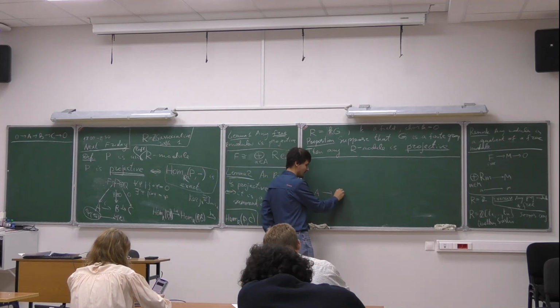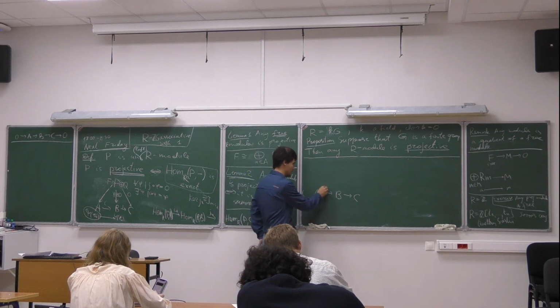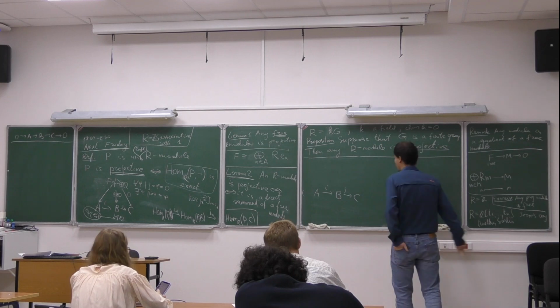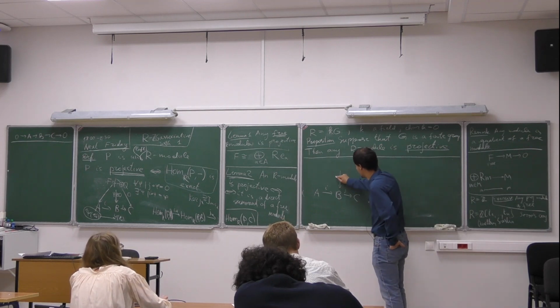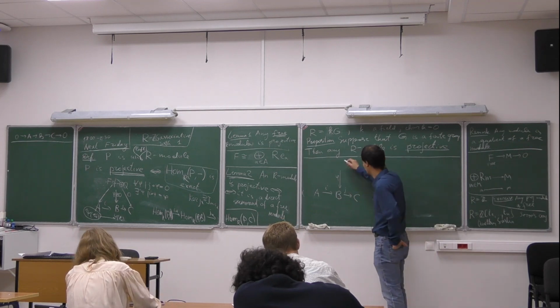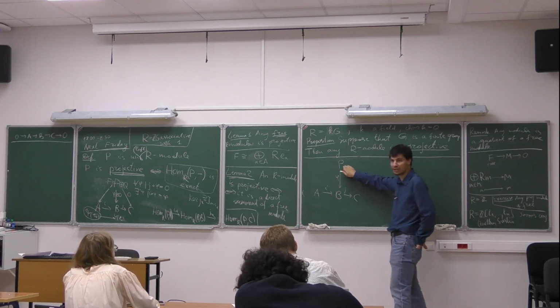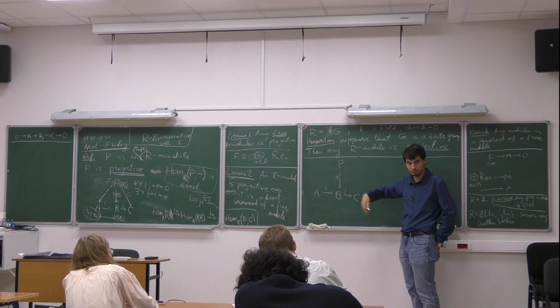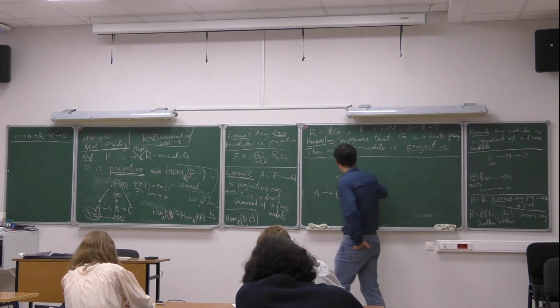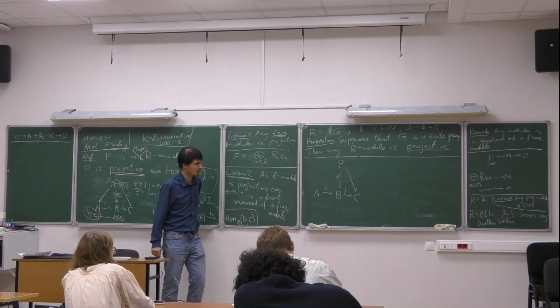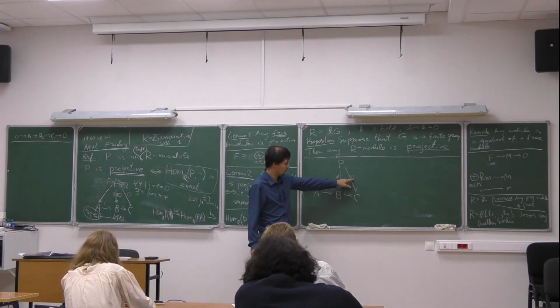So suppose that we have such an exact sequence, and we have here a homomorphism phi. P is just an arbitrary module, and I want to prove that it is projective. We have a homomorphism phi, which goes to 0 here.